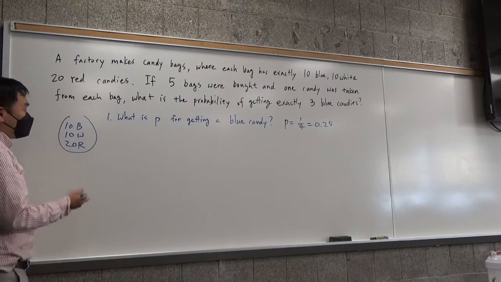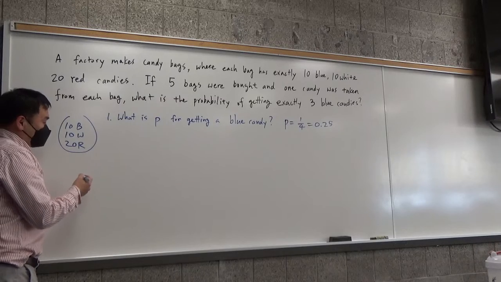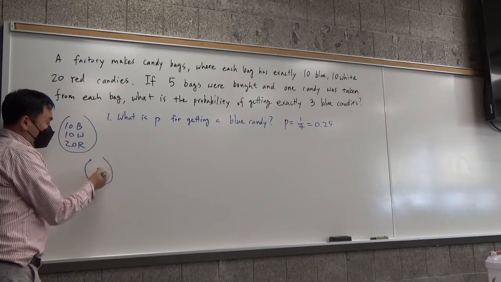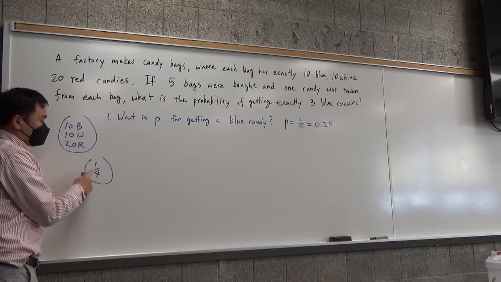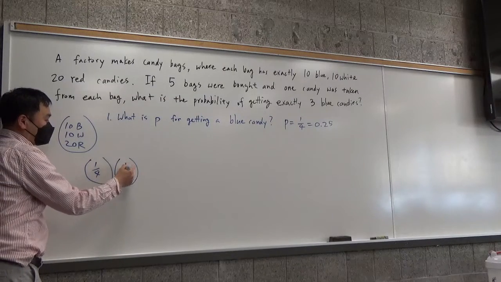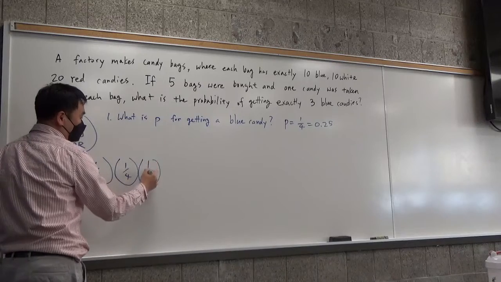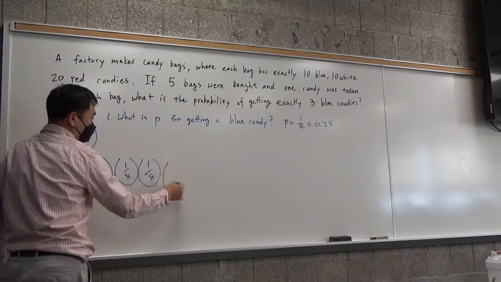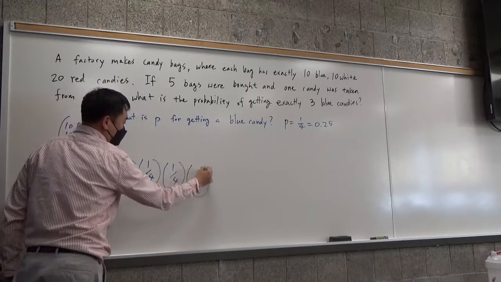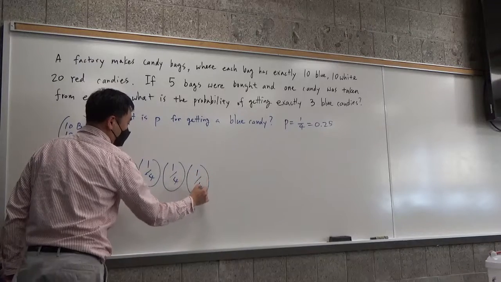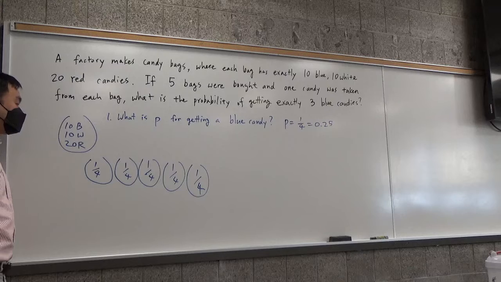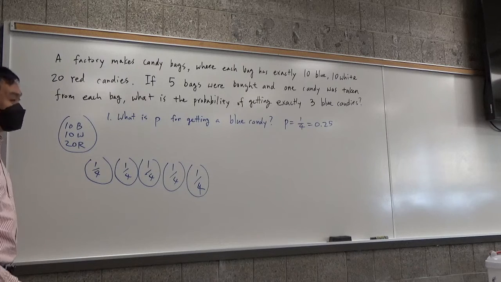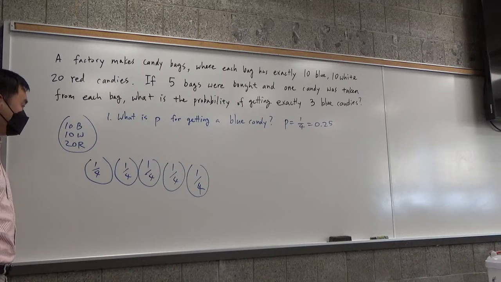And then if you read the question carefully, what it means is that you have 1/4 chance of getting a blue candy from the first bag, also from the second bag, from the third, from the fourth, from the fifth, right? So in some cases, you might end up with all 5 blue candies, which is very rare.